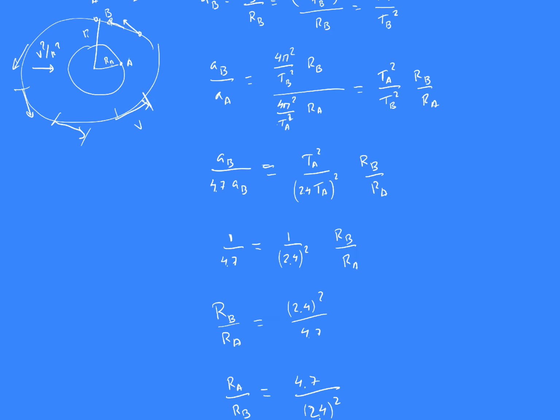But what is asked is RB divided by RA, or RA divided by RB. AA is 4.7 times AB. This will make AB cancel with AB.